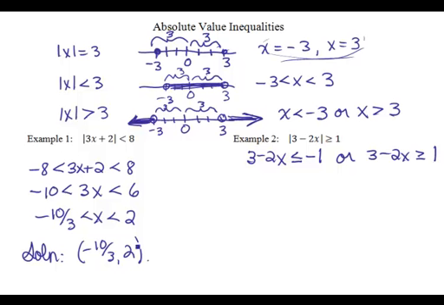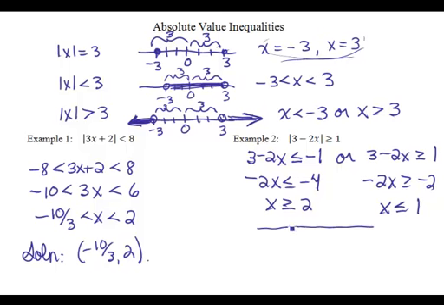Now we just solve both of these, so subtract 3 everywhere. Divide by negative 2. Remember, when you divide by a negative, you switch the inequality sign. Again, subtract 3. Divide by negative 2. And we have those two pieces.